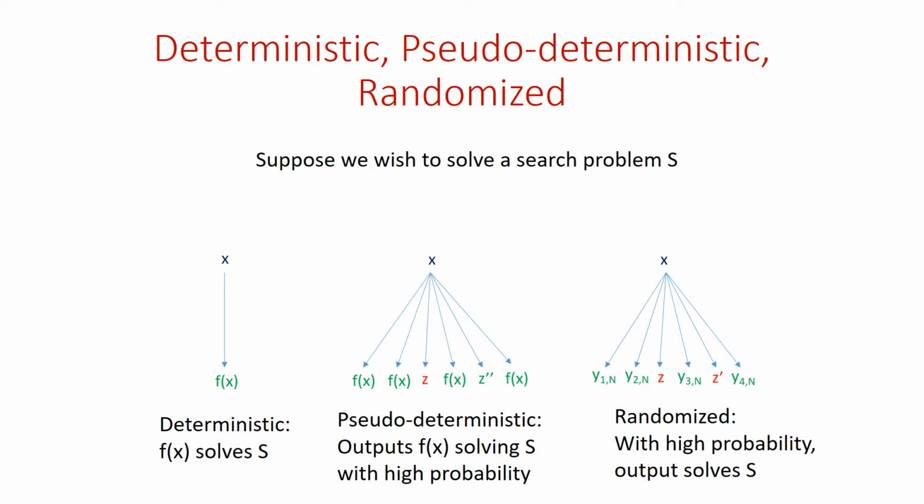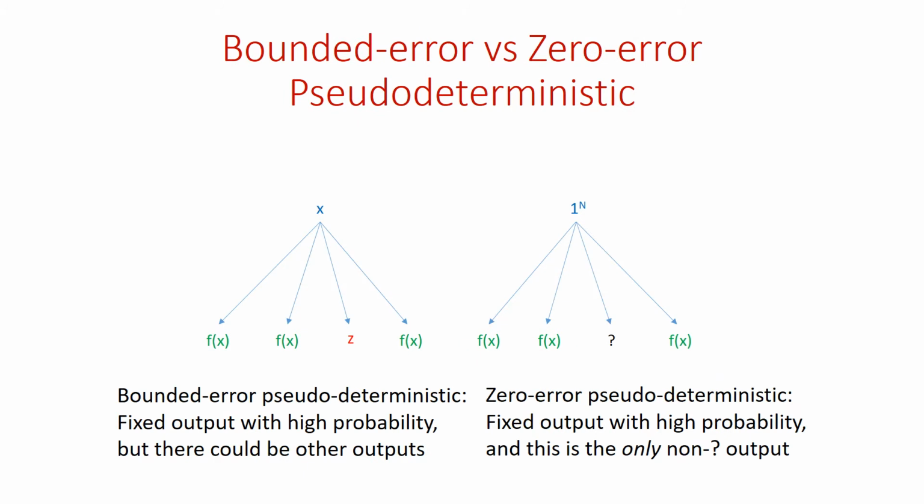And there are a couple of different notions of pseudo-determinism: a bounded error notion and a zero error notion. This is really about what you do on computation paths where you don't output the canonical answer. This majority answer, f(x), we call canonical. And what about paths where you output a non-canonical answer? You could imagine a zero error pseudo-deterministic algorithm, which when it doesn't output f(x), just fails and says it doesn't know what the answer is.